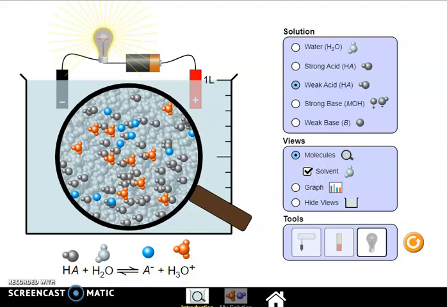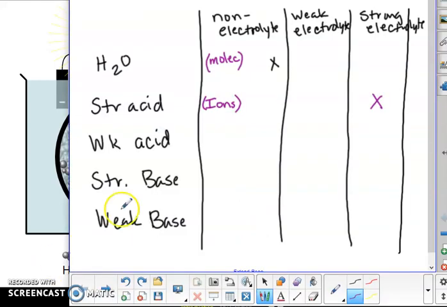That's a great way to write that down. So let's go back to our chart. This right here is ions and molecules, and it was a weak electrolyte. If you need to pause it, go right ahead.